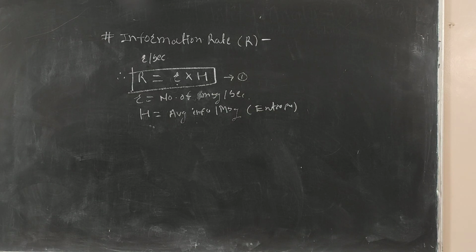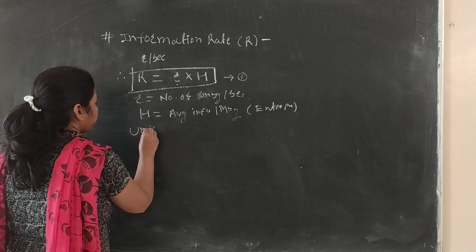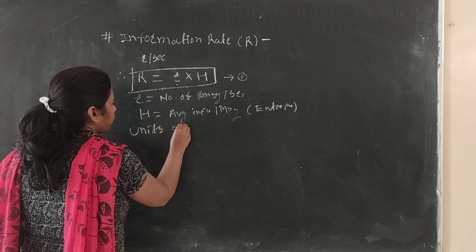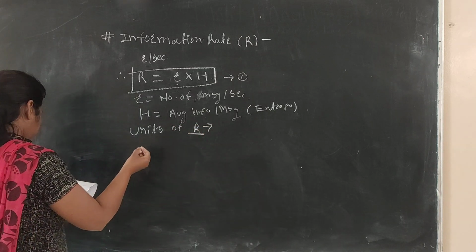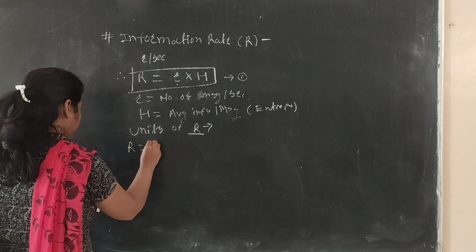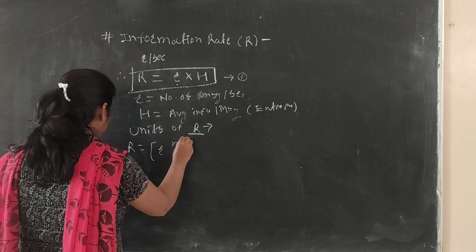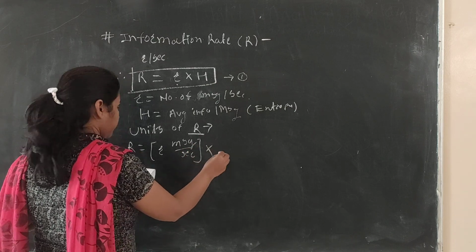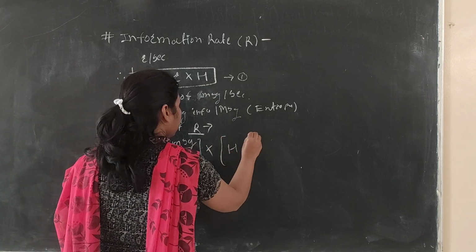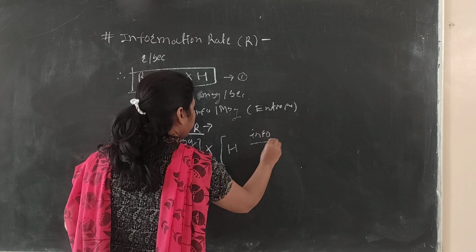And the unit of this information rate R is equal to r, that is messages per second, into H, entropy, information per message.